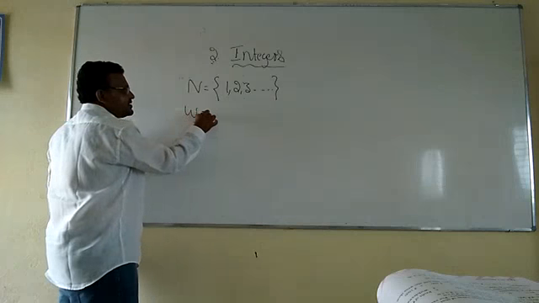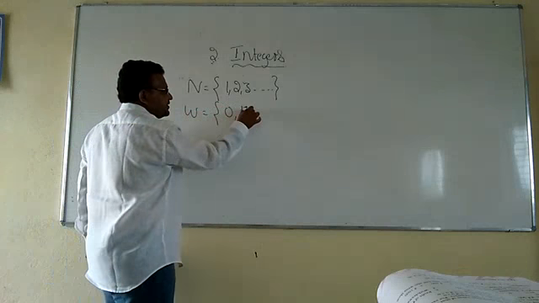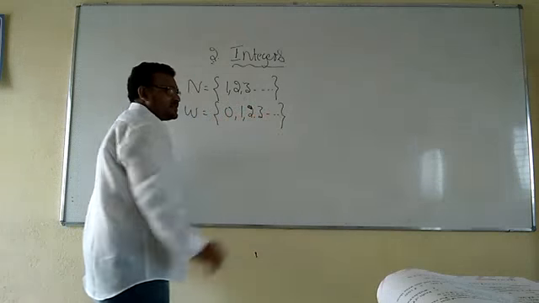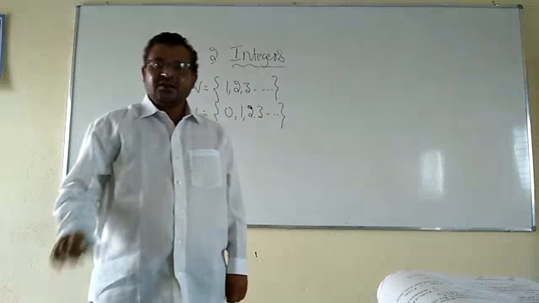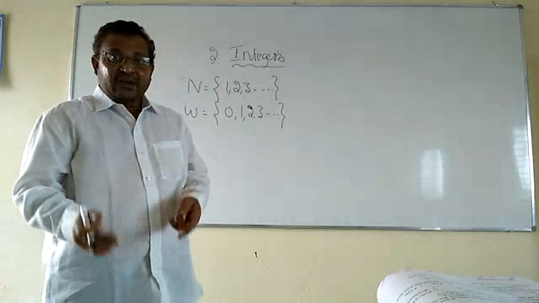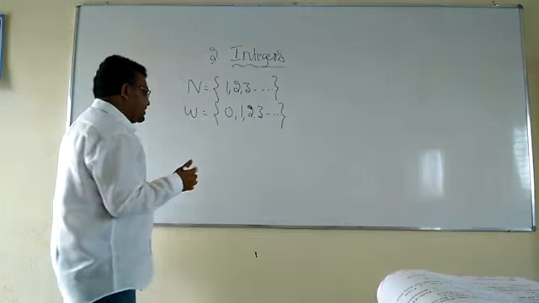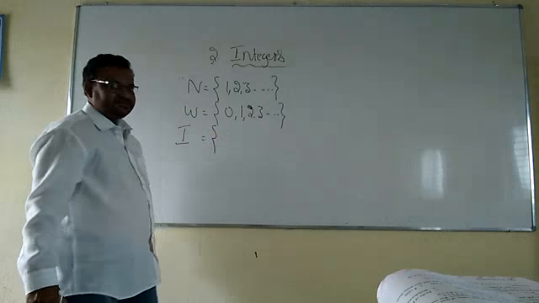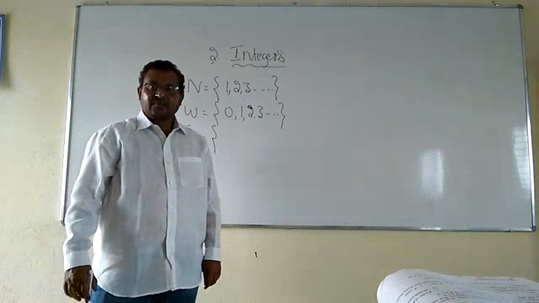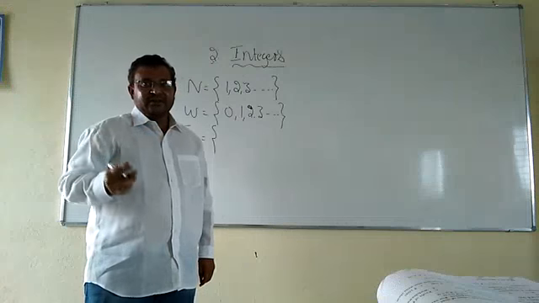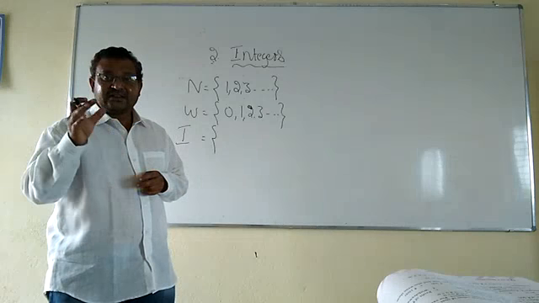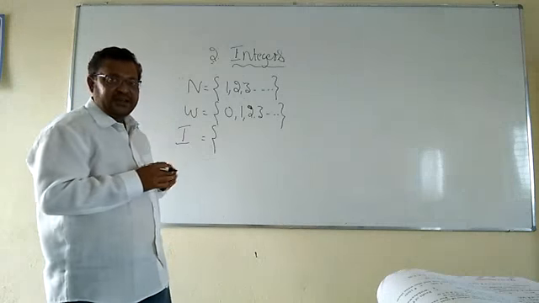If we include 0 to natural numbers, then the formed set is called the whole number set. We denote whole numbers by letter W. And now integers. We denote integers by letter I. If we include negative numbers to the whole number set, then that set is called the integer set.